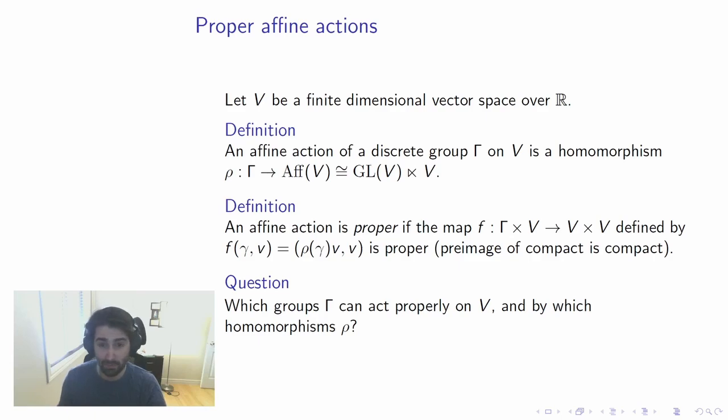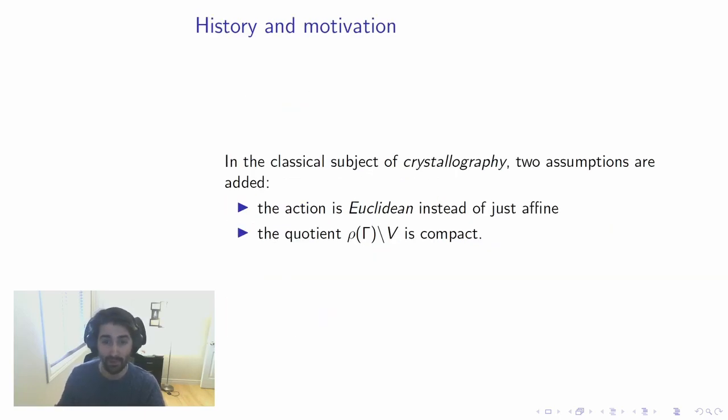Now, the general question that is of interest is, which groups can act properly on a given vector space, and what are all the possible homomorphisms? So you want to classify these actions if possible. The motivation, the history of this, comes from crystallography.